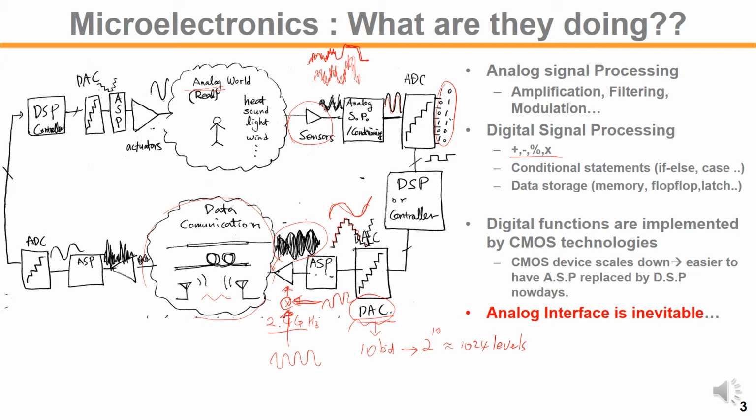We go through the same process we have seen in the upper right hand corner. We again convert the analog to digital, and in the digital side we do all kinds of digital operations. And again, if we want to send our signal back, we go through all these operations.